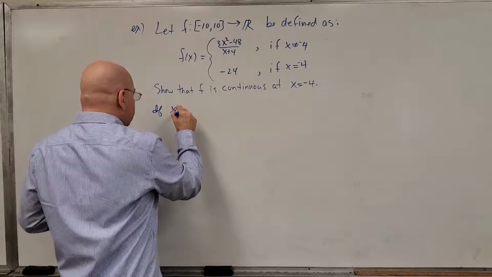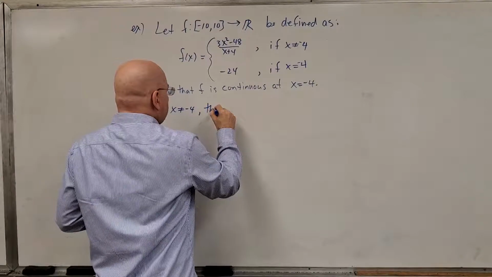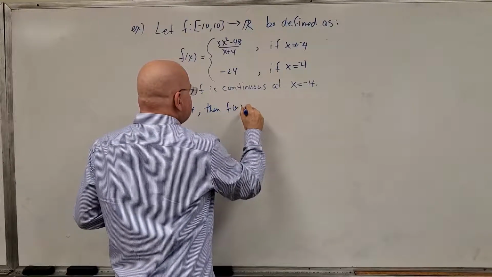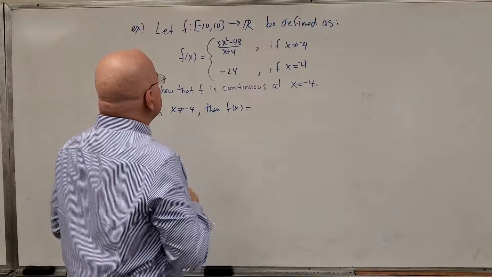If x is not equal to negative 4, then f of x is equal to, I think I'm going to factor it out and see what happens.